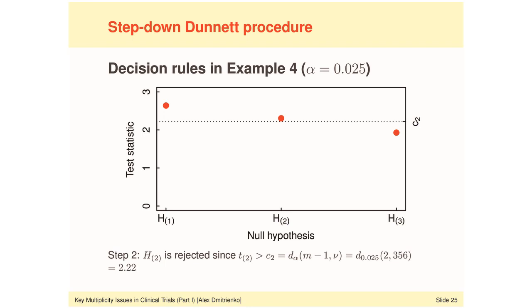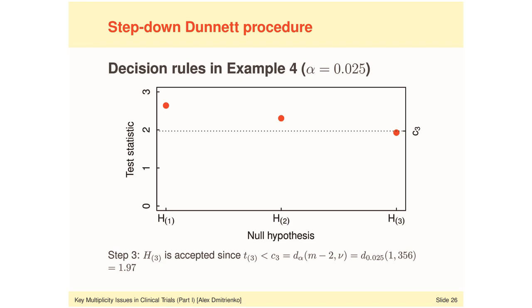Once again, it's represented by a horizontal line in this plot. Since this adjusted critical value is lower compared to C1, now the second hypothesis in the sequence can be rejected because the orange dot that corresponds to that hypothesis is above the threshold. However, if we were to apply the single-step Dunnett, this hypothesis would not have been rejected.